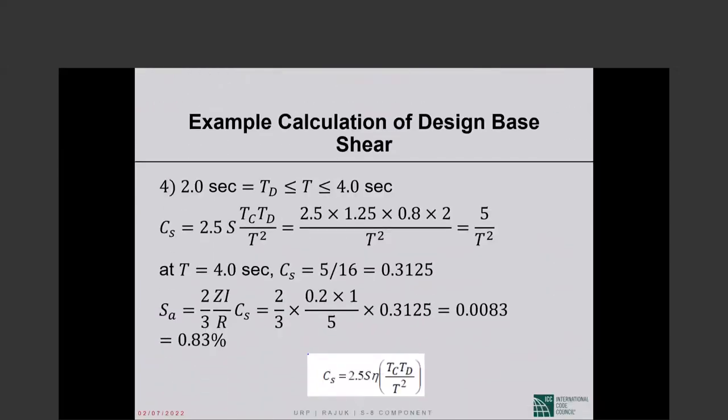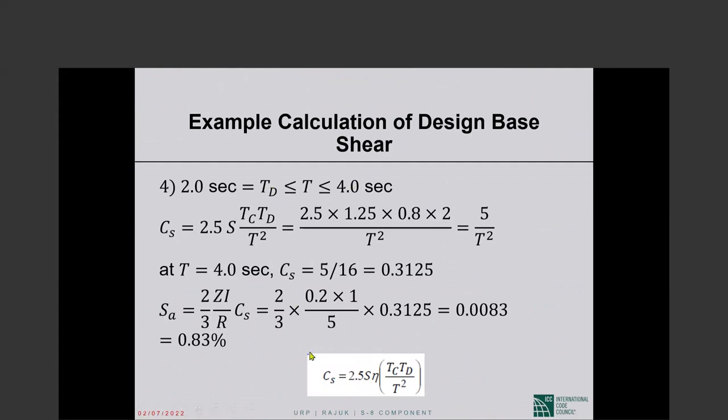And then we go from the beginning of the 1 over T squared branch to, remember, BNBC spectrum doesn't extend beyond 4 seconds. So the segment between 2-second period and 4-second period is what we are looking at now.